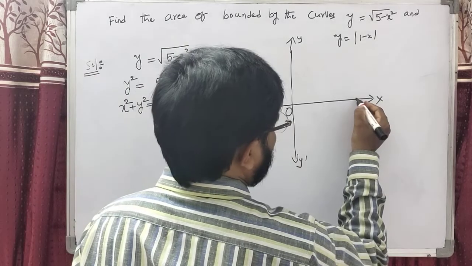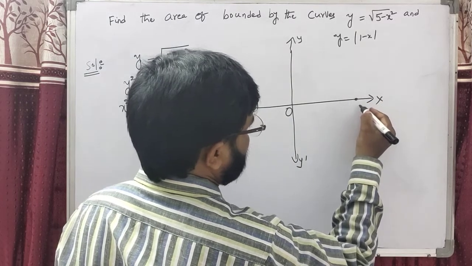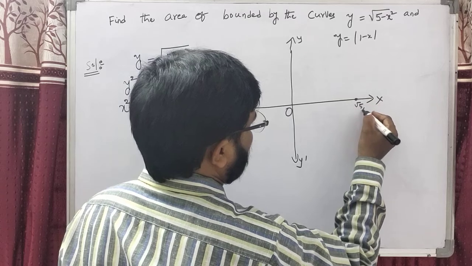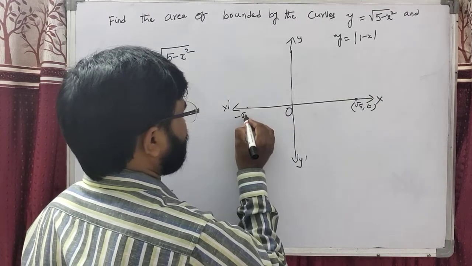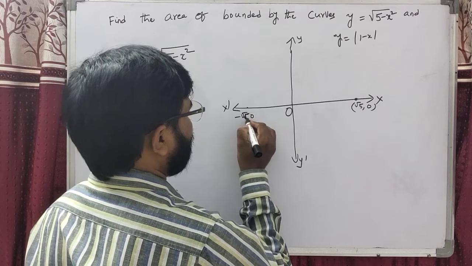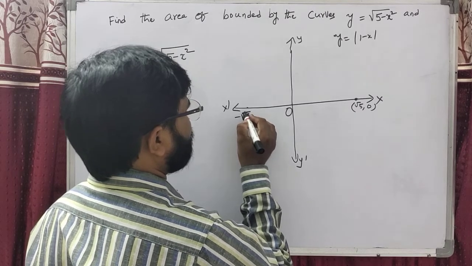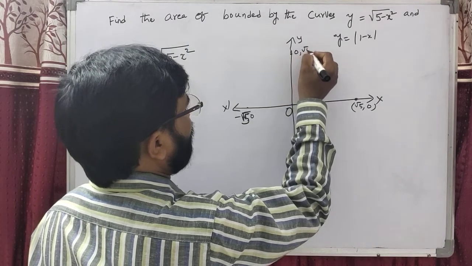Dear students, the circle cuts the x-axis at root 5 comma 0, and here also at minus root 5 comma 0. Now this is also 0 comma root 5.